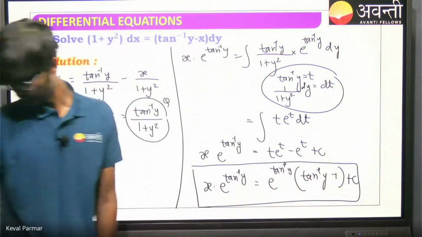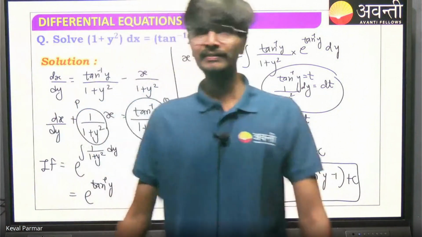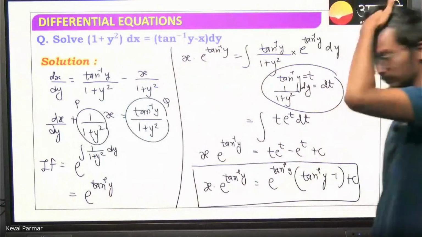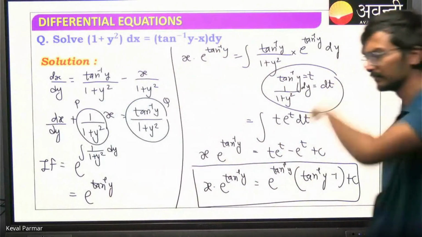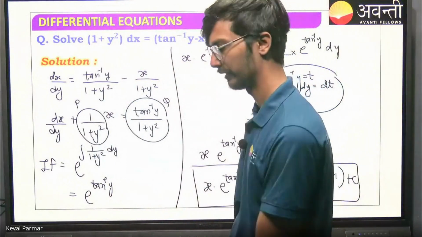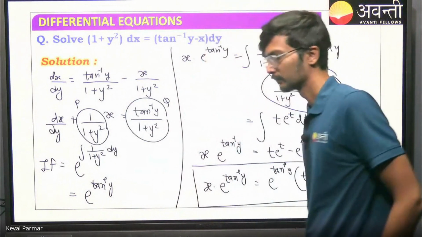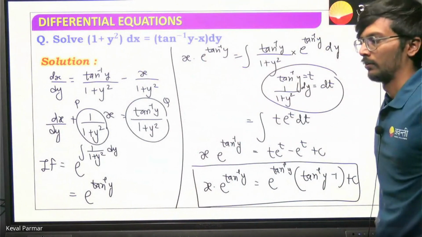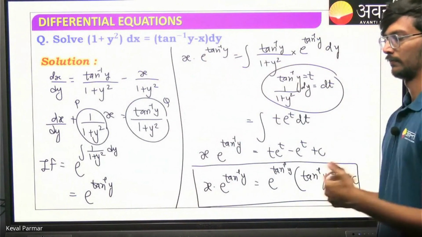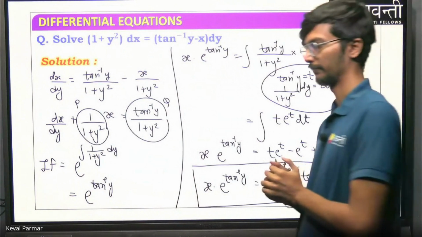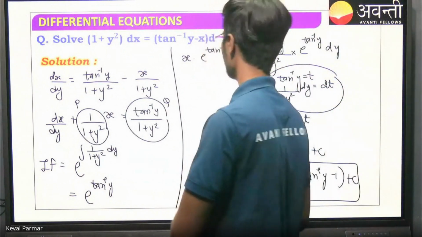Is the question clear? See the question once again. And if it is clear, give me a thumbs up so we can move on to the next one. Yes. Okay, very good. Let's see the next question.